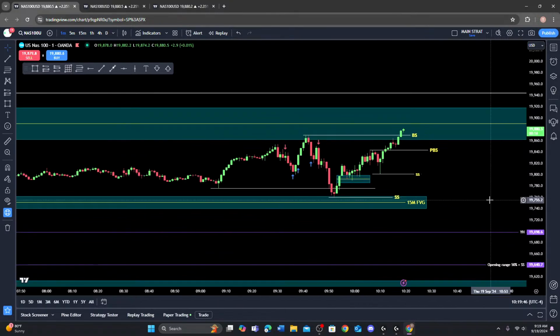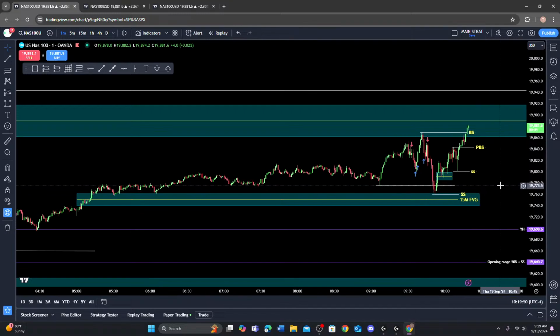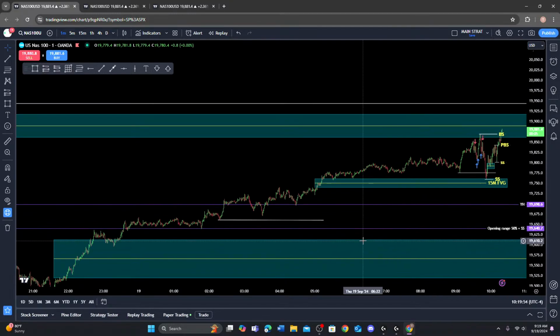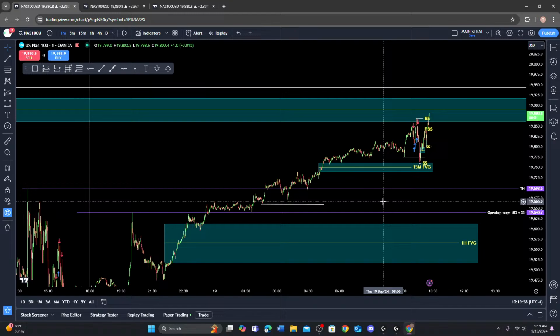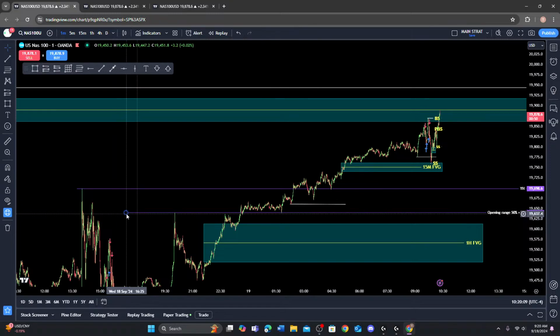That's why, with a big price range like that off of the London session, Asian session, the probability of it retracing down to this opening range gap 50% level would be a long shot.